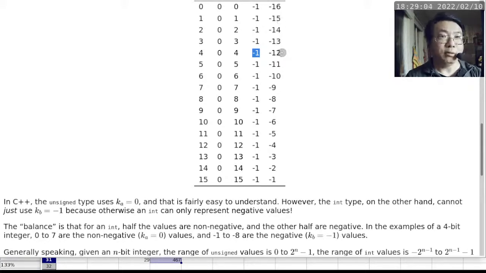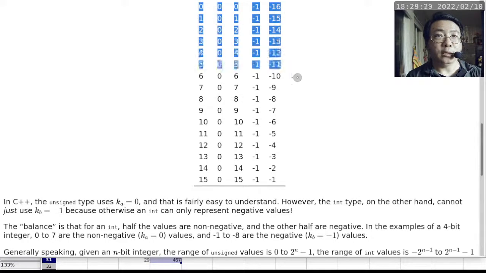So now we have to kind of choose a balance, right? Because I want to be able to represent some non-negative values and some negative values. So where am I going to draw the balance? You have 16 values to represent, and you have to strike a balance and say, okay, I need some negative values and I need some non-negative values. So the breakpoint turns out to be the first 8 rows.